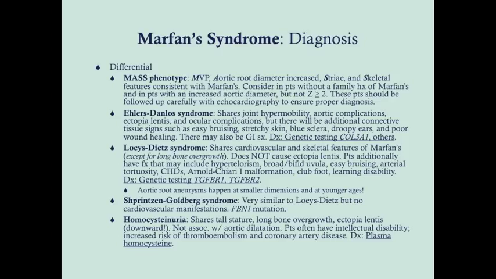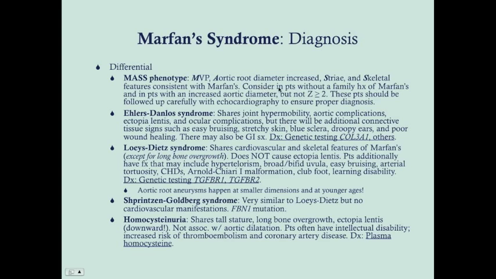So in MASS phenotype, they typically don't have a progressively increasing aortic root diameter. They tend to have an increased aortic root diameter, but they still have a greater than normal likelihood, but a slightly lesser likelihood than with Marfan syndrome, of winding up having an aortic dissection.